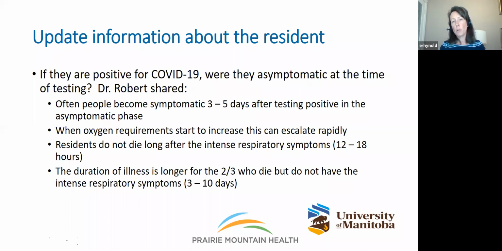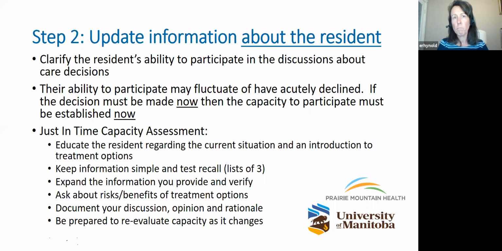And then the two-thirds who had the less acute presentation, they took longer. They didn't have that respiratory presentation. Instead, they sort of dwindled, and that took about 3 to 10 days, but they were so frail that they couldn't bounce back from that lower acuity presentation.